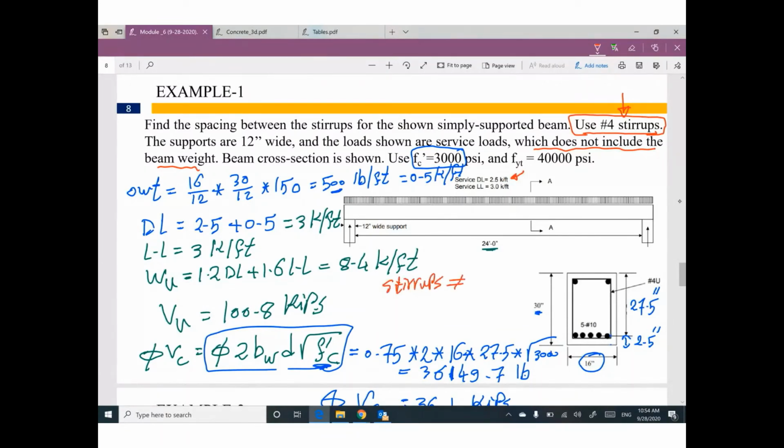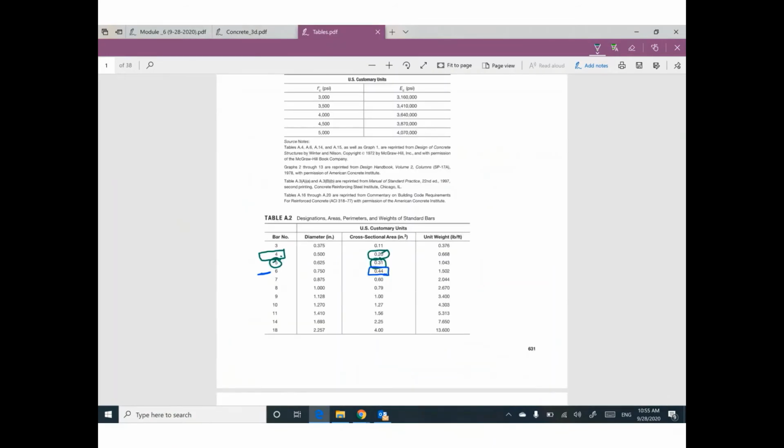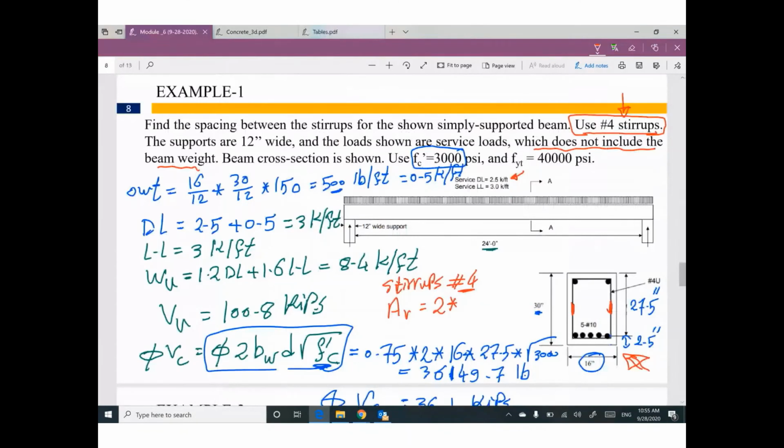How many legs do you have? Can you watch this cross section which is given? How many legs? 1, 2 legs. So area Av will be 2 legs times the area of number 4. Open your table. Number 4 bar size has 0.2 area. So times 0.2, your area Av will be 0.4 inch square.